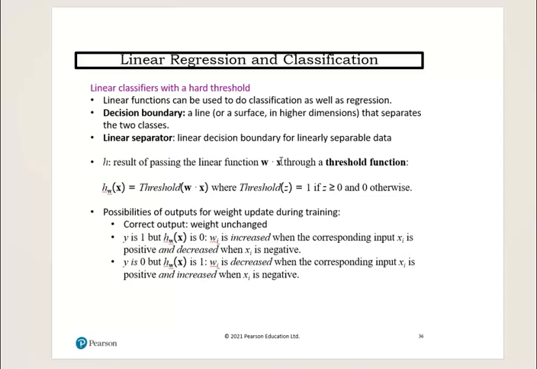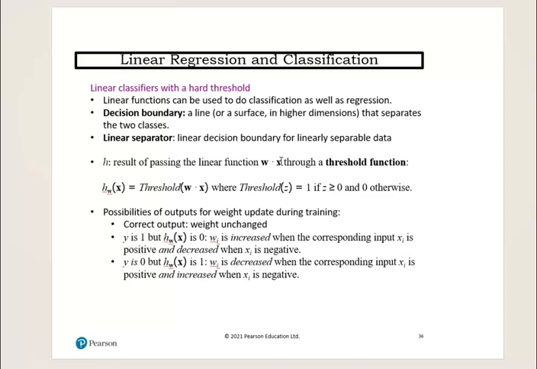Essentially, if H is above a certain threshold, it's an earthquake. If it's below the threshold, it's going to be considered a nuclear explosion. So H sometimes is called, in that case, the threshold function.